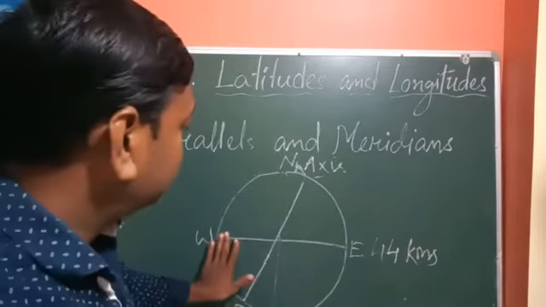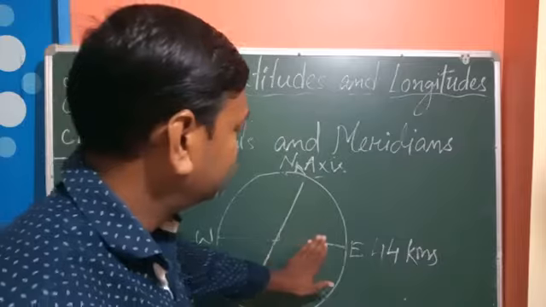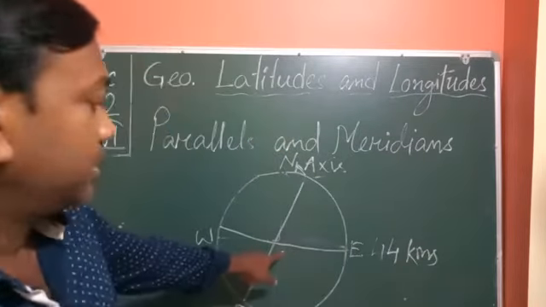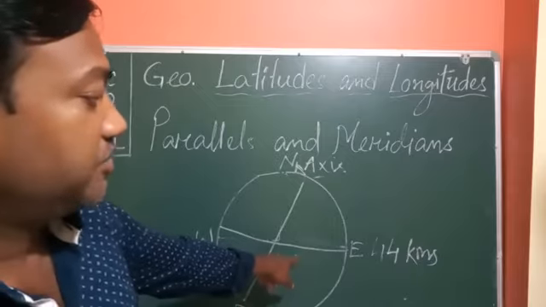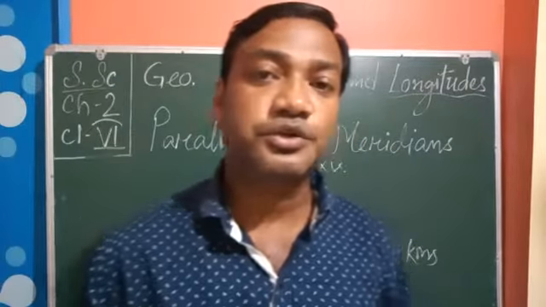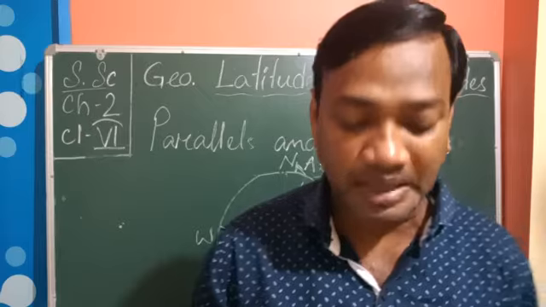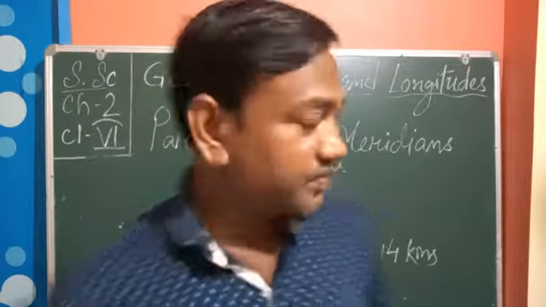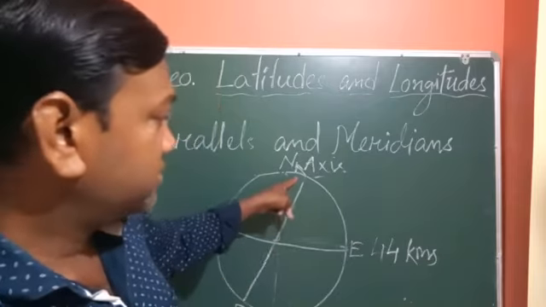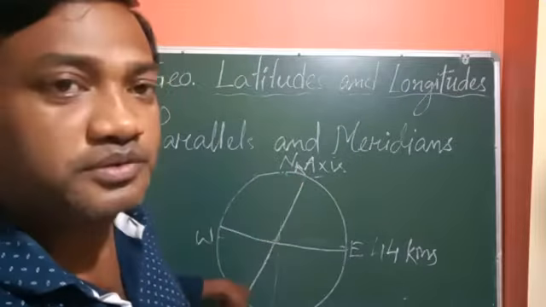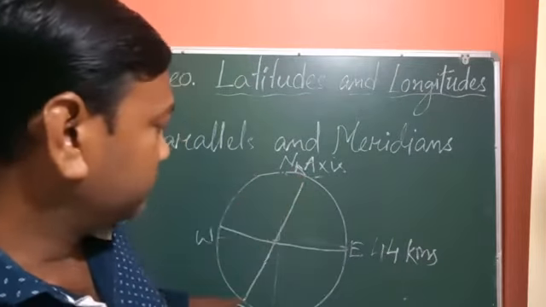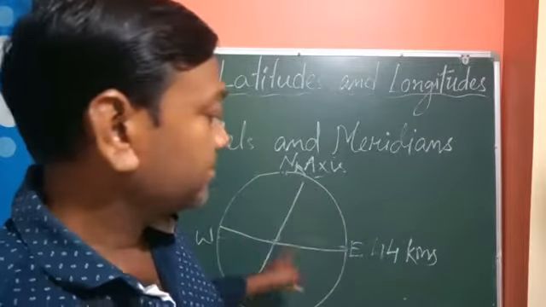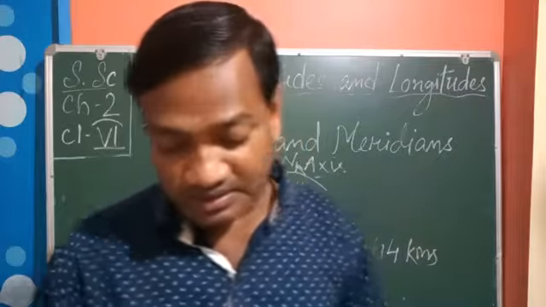So in the middle here is the equator, and the equator divides the earth into two equal parts, and in the middle are the North Pole and South Pole. So here we find North Pole, South Pole, and here it is the west side and east side, and it is called the equator.